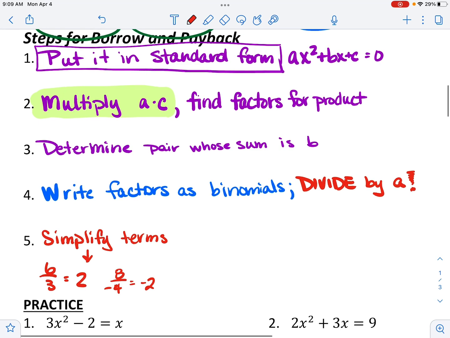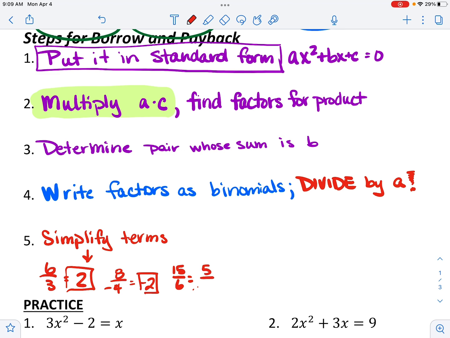But let's say it's 15 divided by 6. It can't come out to a whole number, but it can be simplified.